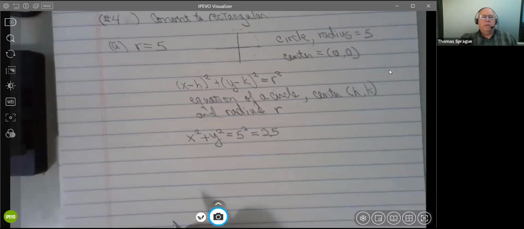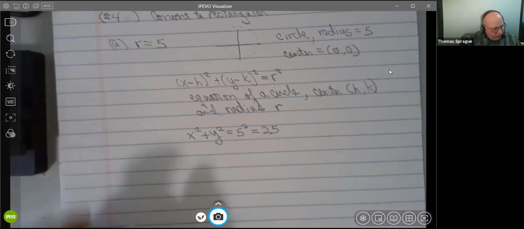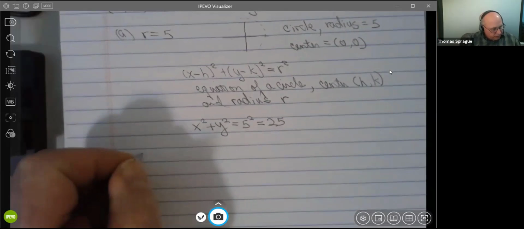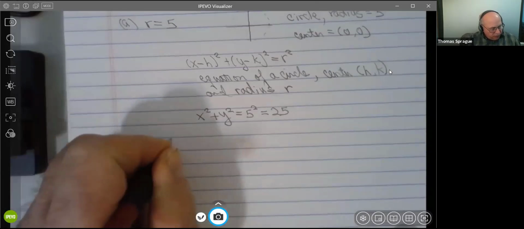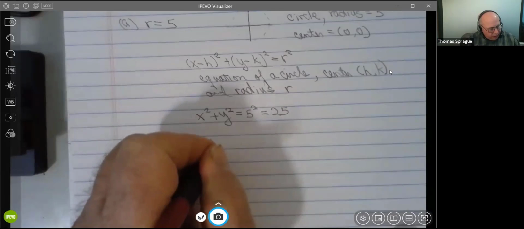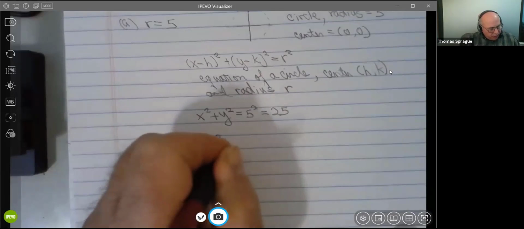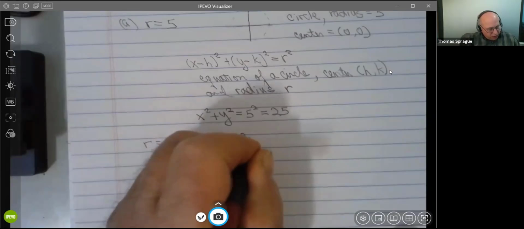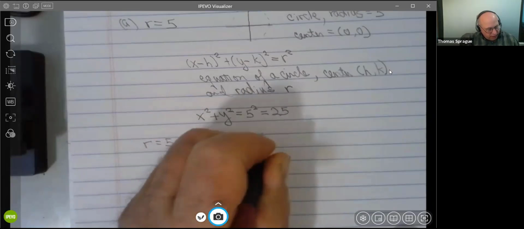Now, let me think about this. You wouldn't have to do it that way. Here's another option. r equals 5. Now use this relationship. r squared equals x squared plus y squared.